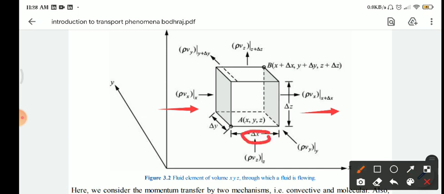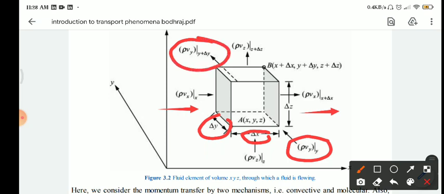Similarly for the y component: the flux is rho vy at y at the inlet, and at the outlet rho vy at y plus delta y. Similarly for the z direction, it is rho vz at z and z plus delta z.